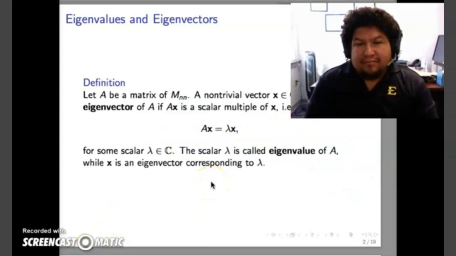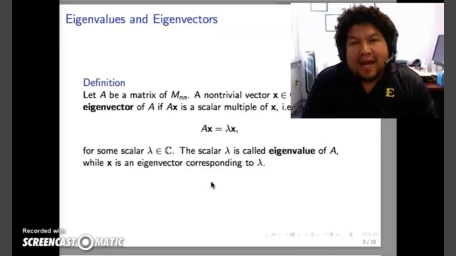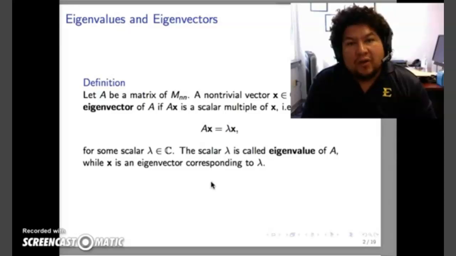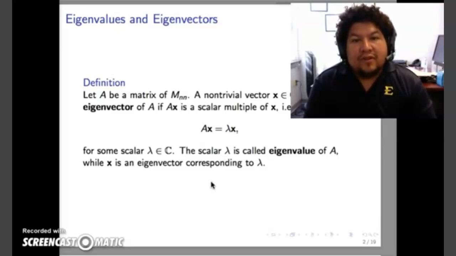So in words, we would write the scalar lambda is called an eigenvalue of the matrix A, and x is an eigenvector corresponding to lambda, so that it will be a notion of having a vector for which this vector equation is true given a particular value lambda. And so if that is the case, we would say that eigenvector corresponds to that scalar that is called an eigenvalue.